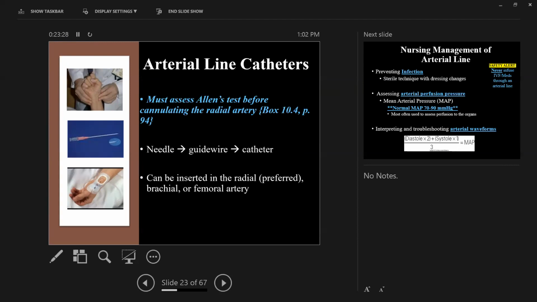They're going to complain of pain in that hand. They're going to have capillary refill that's very sluggish. Your job is to make sure that you're looking at the 6 Ps to that extremity that has the arterial line in. I've had to actually send patients to surgery to remove a clot. So we don't want to mess around with that. Think 6 Ps for this.